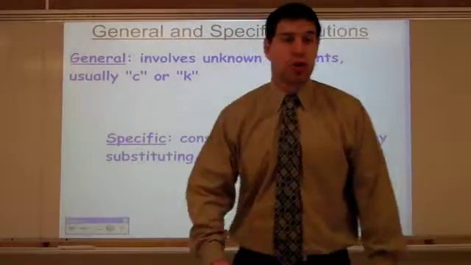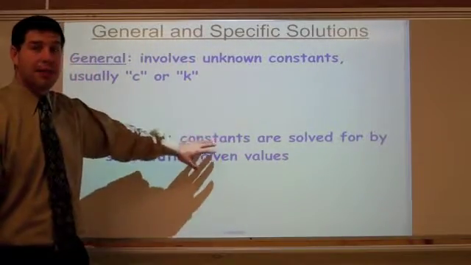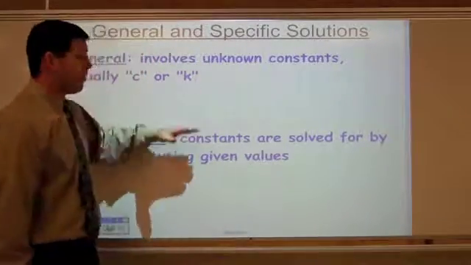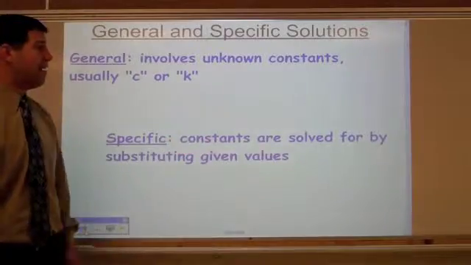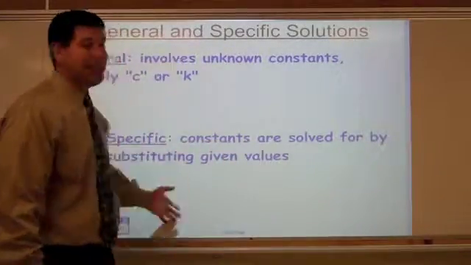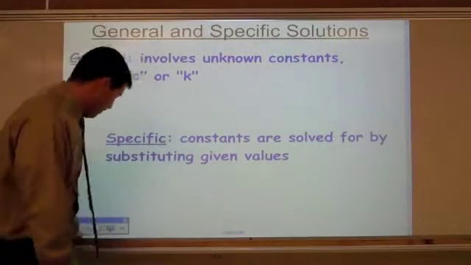And a specific solution is one where you solve for the constant by substituting some initial condition. And you've worked with these ideas all the way back from chapter 4 when we found antiderivatives with a plus c at the end, and then sometimes we had to find c. Same idea here, except with some more complicated differential equations.